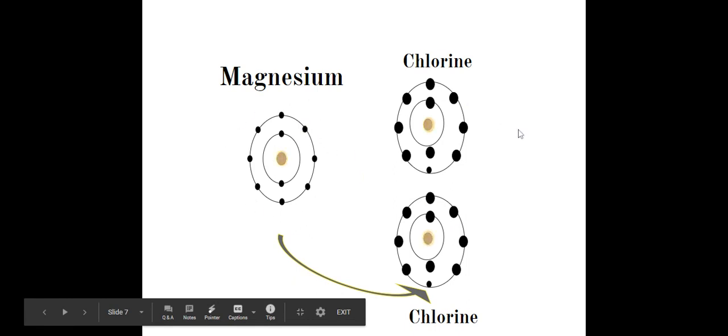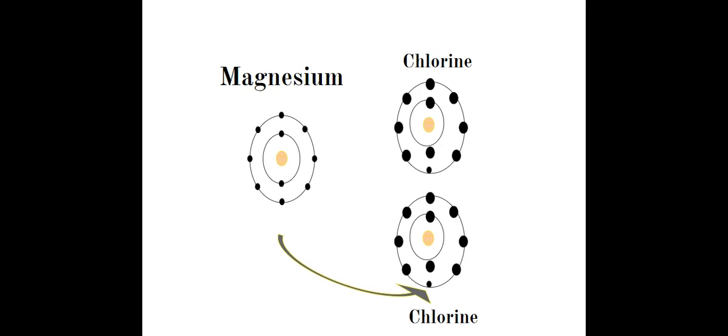All three of these elements can be happy. The formula would look like this. 1 atom of magnesium plus 2 atoms of chlorine equals magnesium chloride, MgCl2. This subscript 2, which is what we call this number here, is the amount of chlorine atoms in the compound.